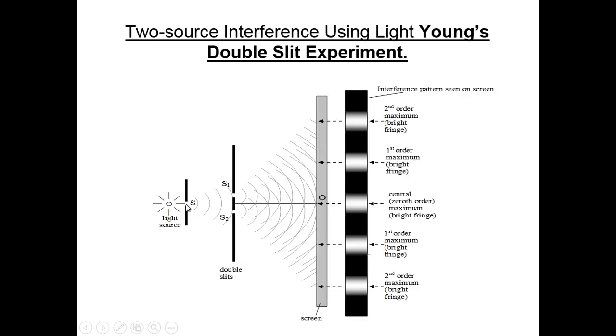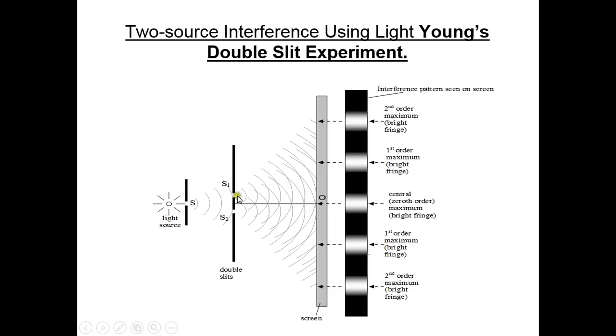So we need to limit the amount of light. The purpose of the third slit is to ensure that the light going to S1 and S2 are coherent.